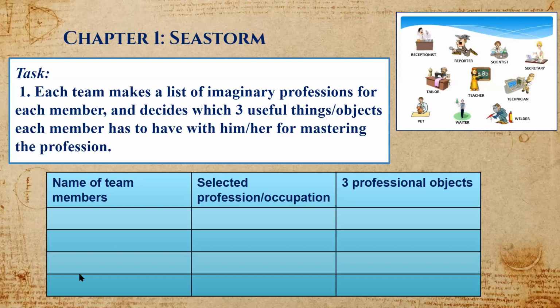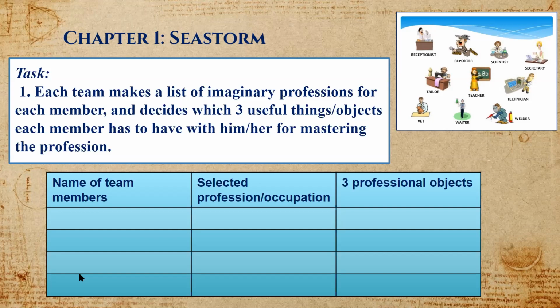So each team, let's say, is going to have 5 members, because each team has to be a maximum of 5 people, 3, 4, or maximum 5, but 5 is sometimes too much. I sometimes divide them by 4 or 3, so the team is divided into smaller groups.